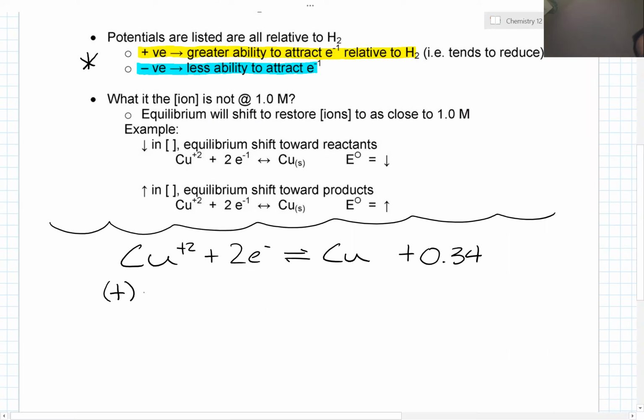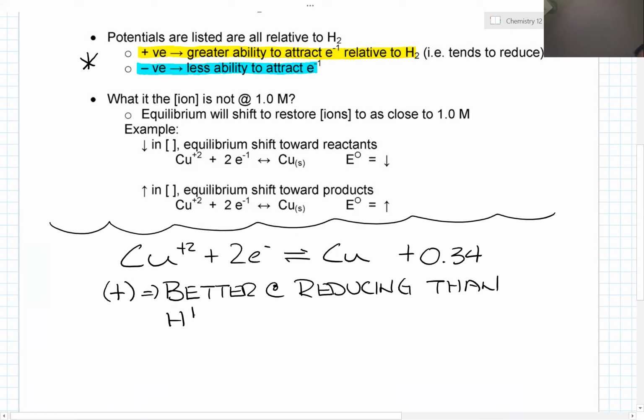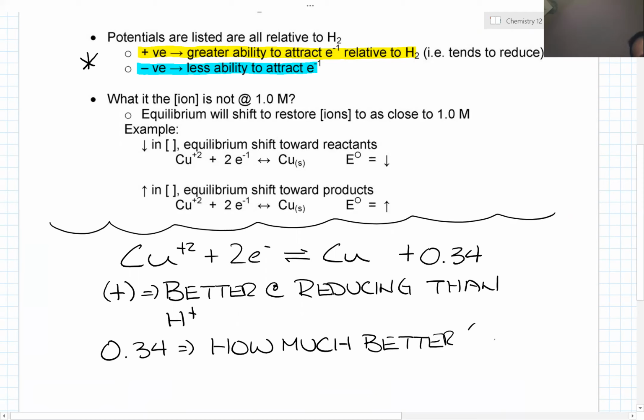Now, what's the significance of this plus 0.34? The plus means that it is better at reducing than H+. The 0.34 is how much better, or worse.